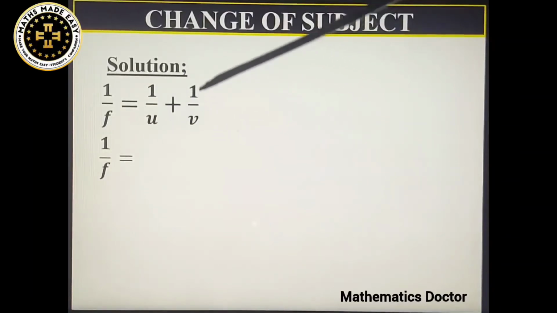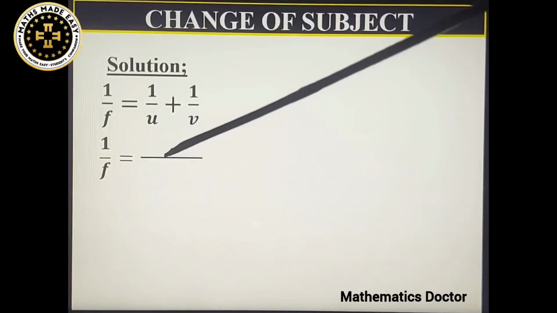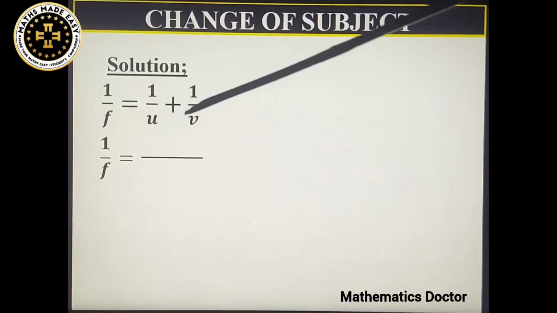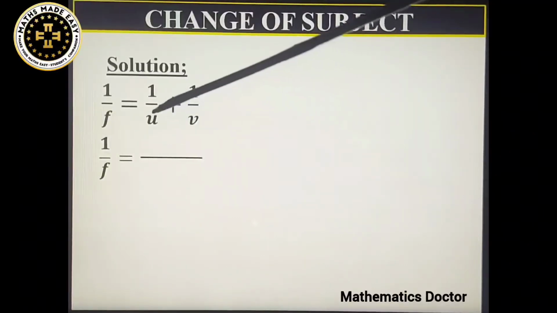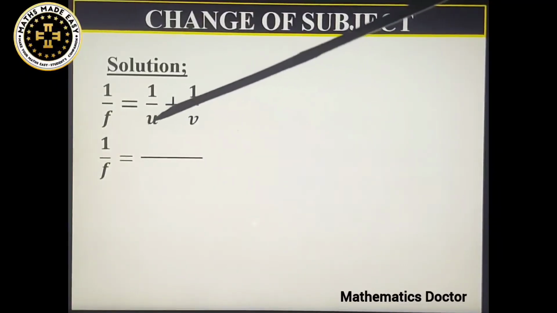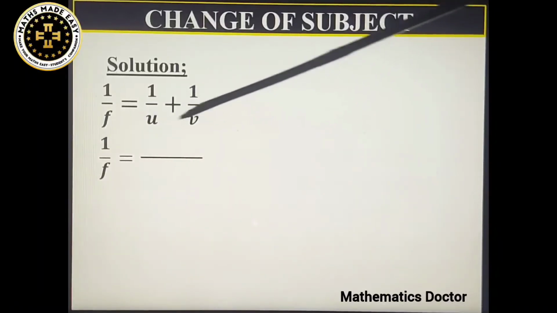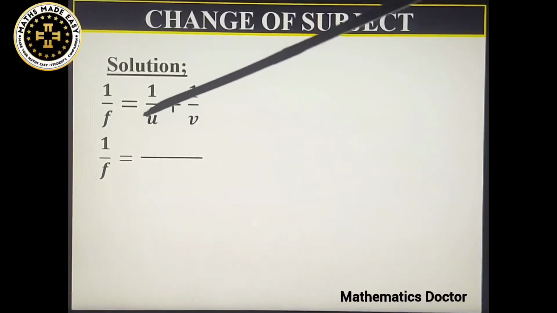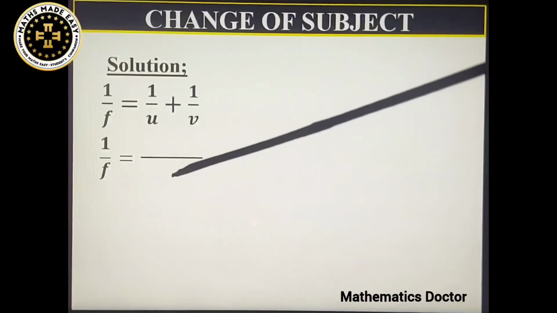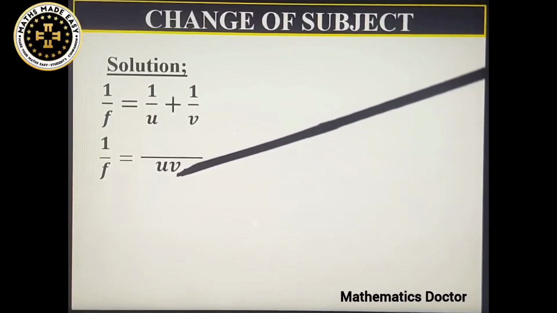Since the two fractions are adding, please bring the LCM line. Then get the LCM, the least common multiple for u and v. And the least common multiple for u and v will be uv, since u will multiply v. They are two different variables or letters, so we can go ahead and multiply to get the LCM. So let's bring the uv beneath the LCM line.